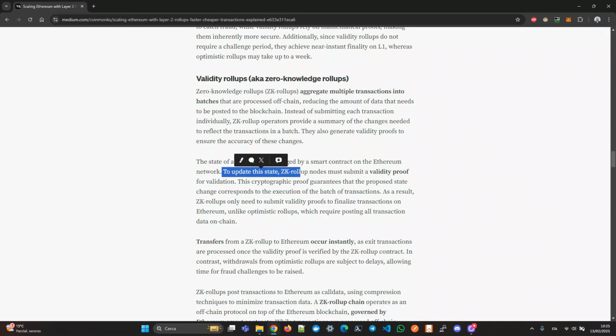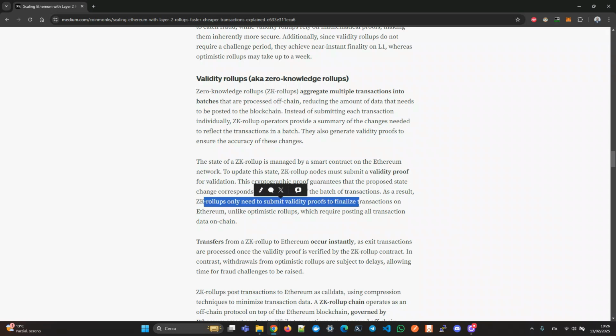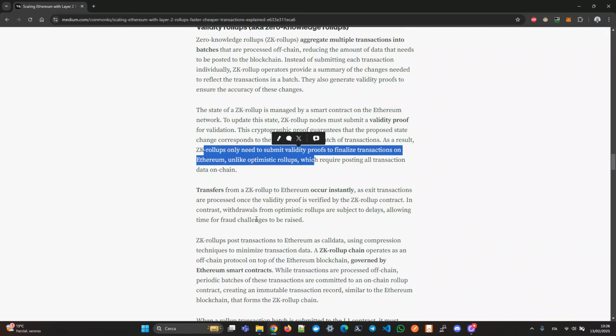To update this state, the zero knowledge rollup nodes must submit a validity proof for validation. This is a cryptographic proof that guarantees that the proposed state change corresponds to the execution of the batch of transactions. So the zero knowledge rollup only needs to submit the validity proof to finalize the transaction on layer 1 Ethereum, unlike optimistic rollups, which require posting all transaction data on chain.